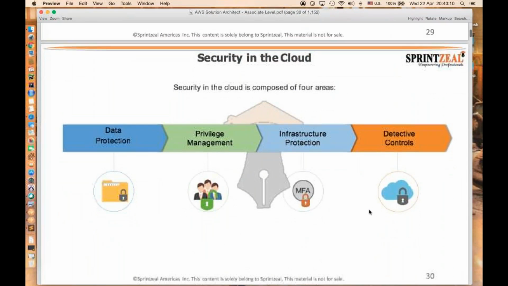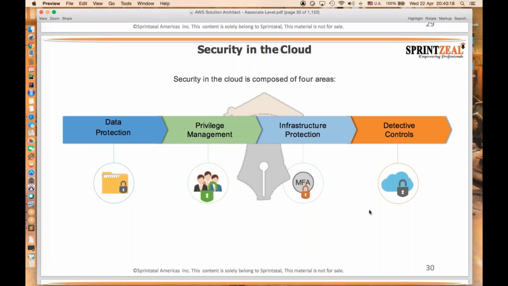Coming to the next slide, we'll talk about security in the cloud. What are the 4 areas taken into consideration for security measures? Data protection, which is very important for any data hosted in the cloud. Privilege management: we need to know to whom we have to give the access, depending on the nature of the user accessing the data. User A will have certain privileges, and user B will have lesser privileges than user A. All that can be handled in privilege management.